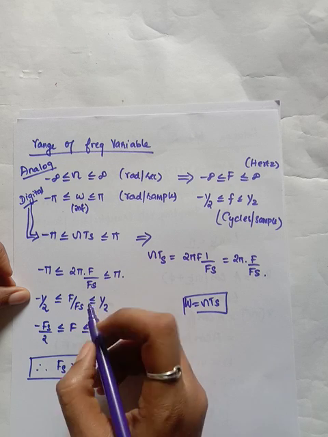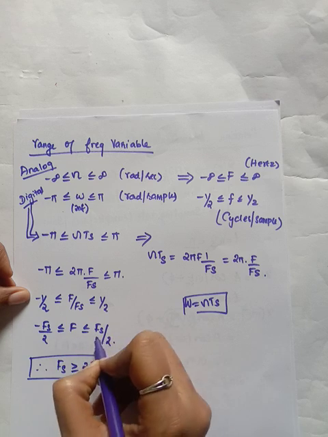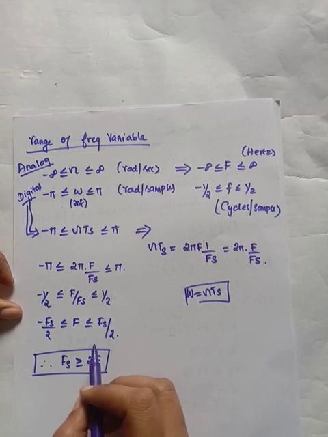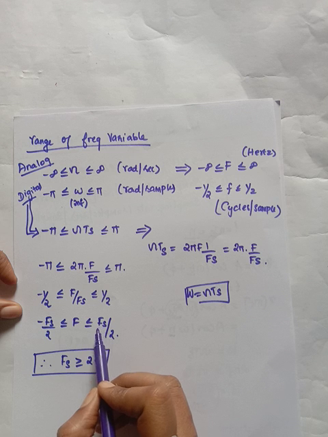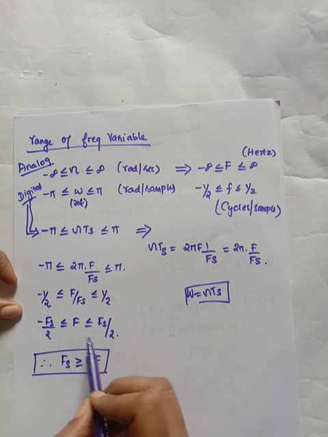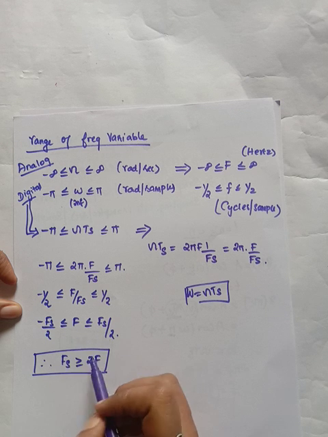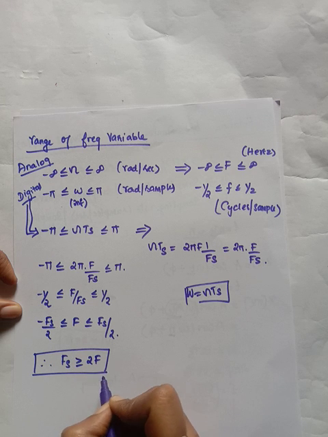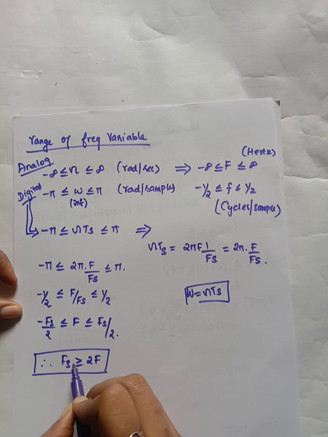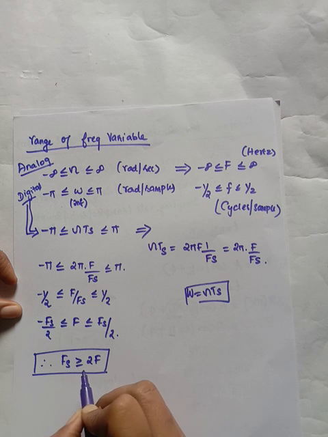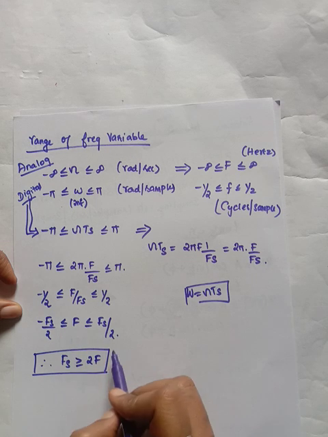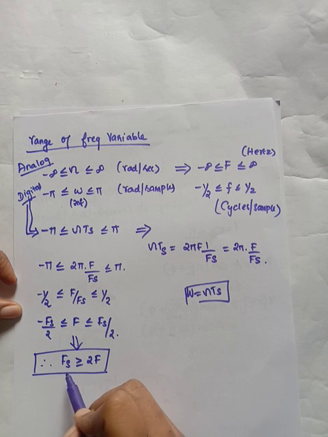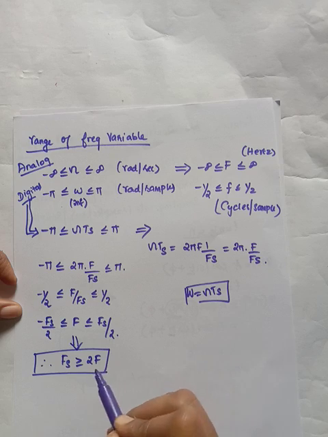So in order to obtain the sampling frequency, we need the relation that Fs should be greater than or equal to 2F. This is the condition why we use twice the frequency as the sampling frequency. I have discussed this in the sampling concept. This is the reason why we choose Fs greater than or equal to 2F.